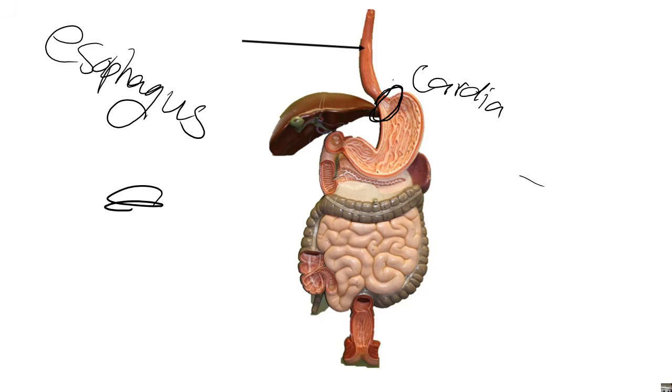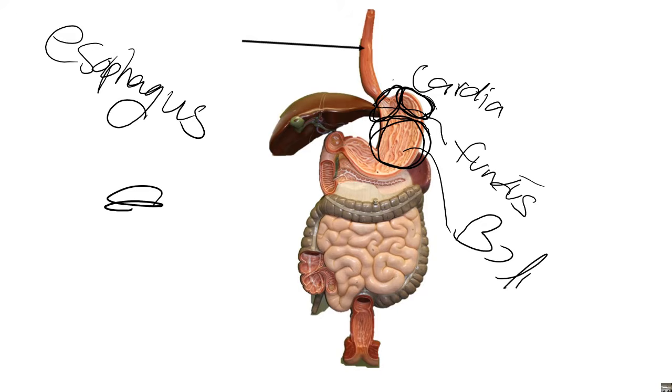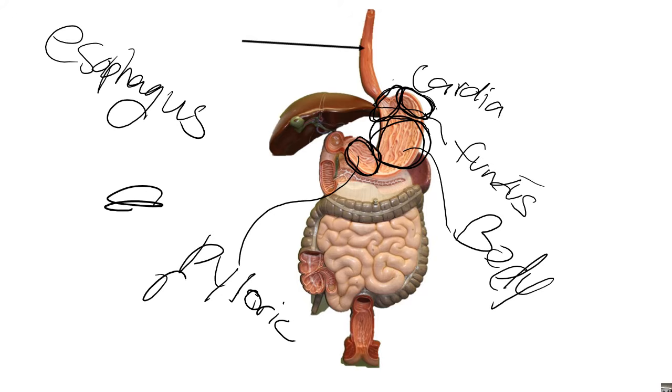Then if you draw a straight line over from that, the part that's above it, this bulge that sticks up towards the top, is the fundus. The main part of the stomach here is the body. And then this last part that curves up to go towards the small intestine, that's the pyloric part, or you could say pylorus.